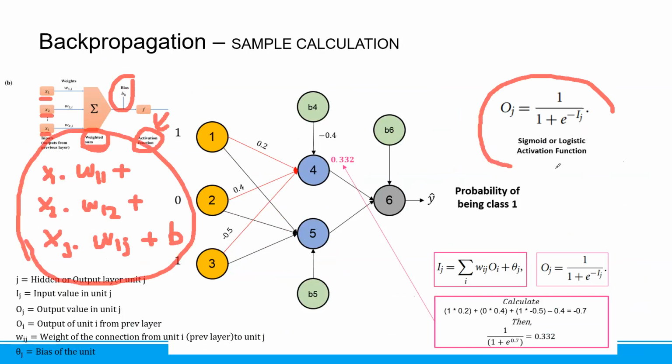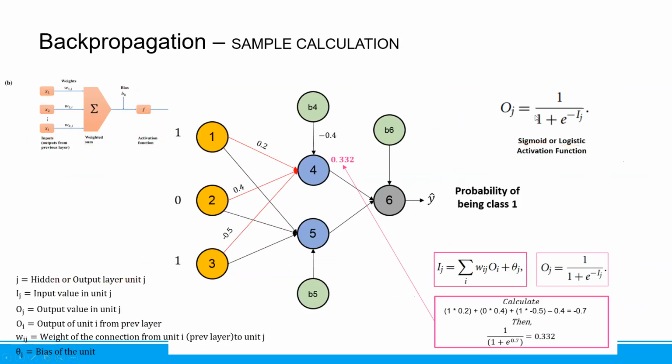This is the formula that I will use for the activation function. This activation function is the sigmoid or logistic activation function. The formula is 1 divided by 1 plus e to the power of minus the weighted sum, where e is the natural number.